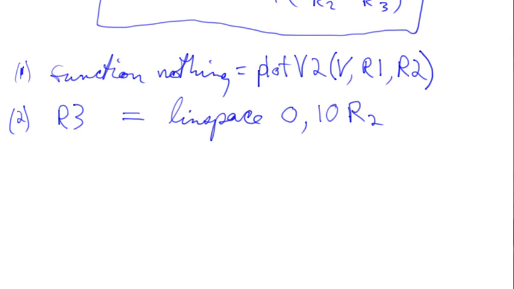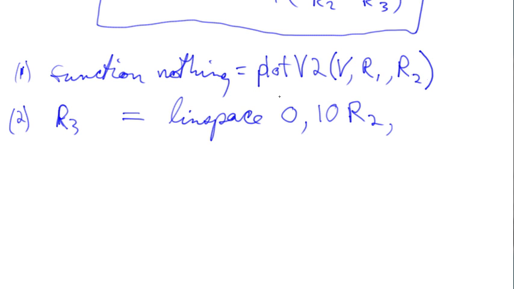You know what? I'm so used to writing those things as subscripts, I'm actually going to go back the other way and make them all subscripts. Just when I program it up, they'll become the other. So this is R3, 10 times R2.